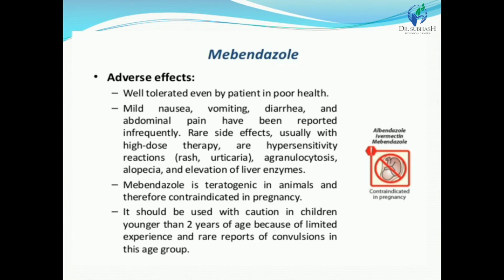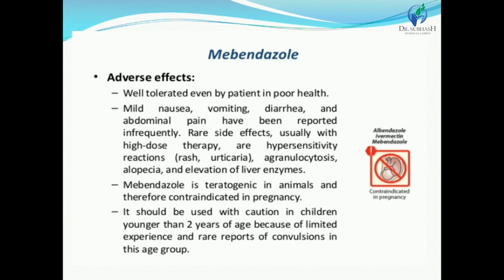Certain rare side effects, generally seen with high dose therapy, are hypersensitivity reactions like rashes and urticaria. Granulocytopenia can be seen, alopecia, and elevation of liver enzyme levels can be observed with higher doses of mebendazole, and these are all rare side effects.